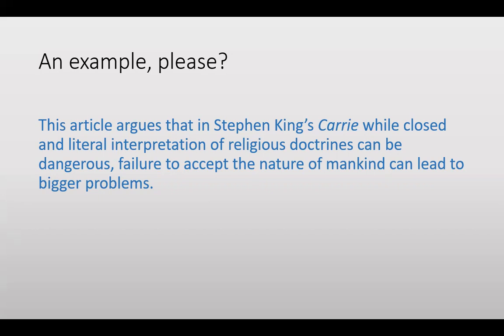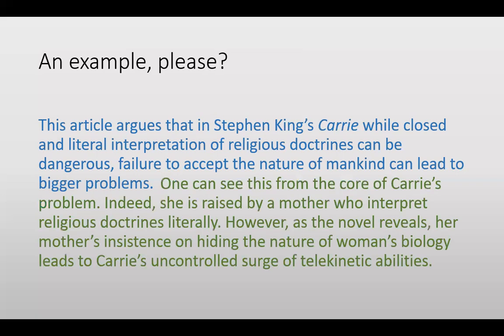You cannot accept that mankind can be evil, or mankind can have some biological things happening in their body, and so on and so forth. If you cannot accept that nature, which is natural in man, it will lead to bigger problems. That's the argument. And you support that argument by saying, one can see this from the core of Carrie's problem.